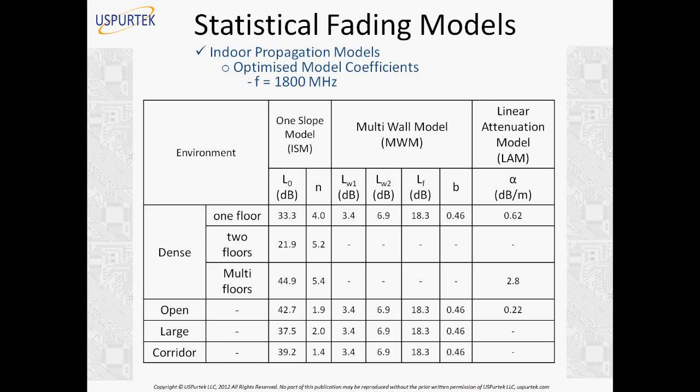So all these different types of environments are listed here: a dense environment, an open environment, a large hall, or a corridor, and the values of these constants are given, which could be used. So one way is that you just use these values provided by other researchers who did actual measurements, or do your own measurements.